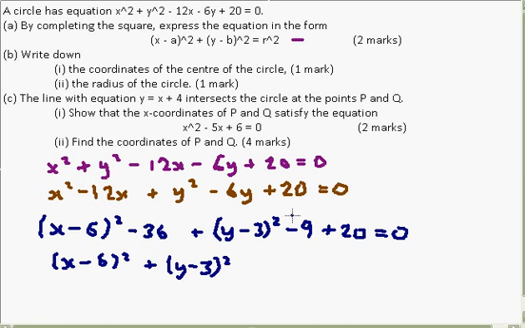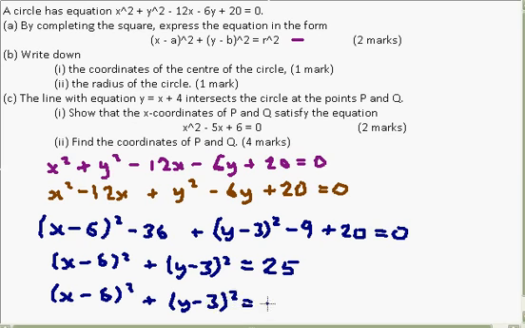I'm taking away 9 more. Okay, so that's minus 45. Now I'm adding 20 to it, so that's minus 25, and add 25 to both sides of the equation, and I get 25 over here. Okay, so in other words, I've got x minus 6 squared plus y minus 3 squared equals 25.